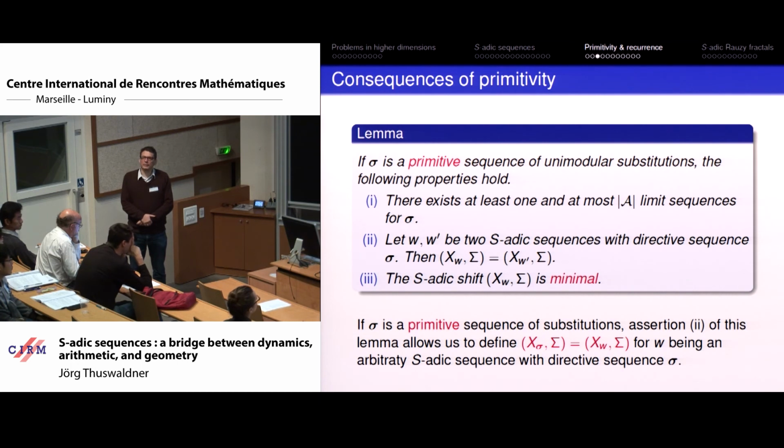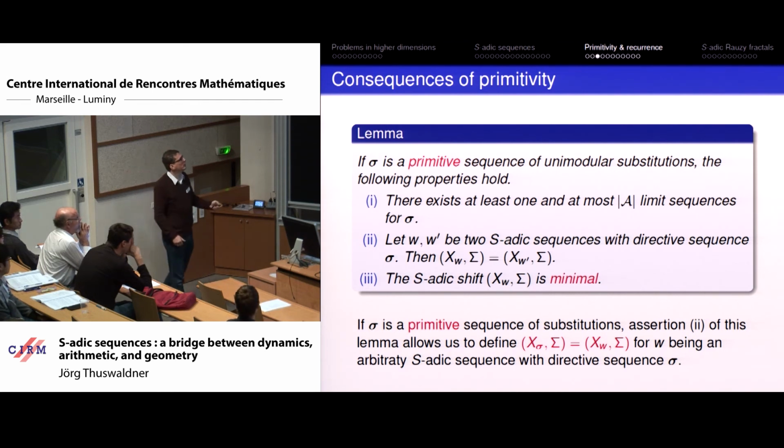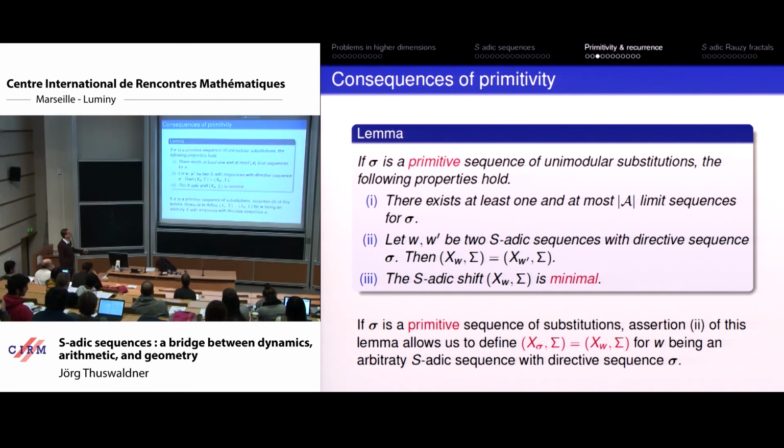So they only depend on the directive sequence and not on the limit word created by this sequence. Also, the number of limit words is bounded by the cardinality of the alphabet, and we can be sure that limit words exist. Okay? So this makes our life a little bit easier. We get the first property of our dynamical system, which is minimality.